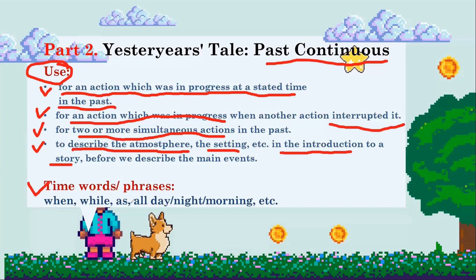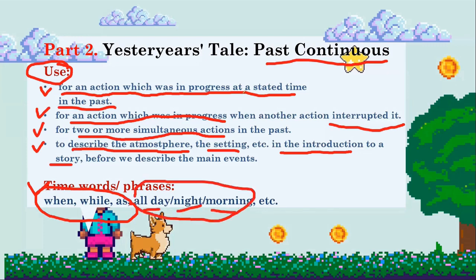The very first group is on about when, while, and as. They are often connectors showing the simultaneous or interrupted action. And for duration, we also have another group of words: one day, one night, or one morning.